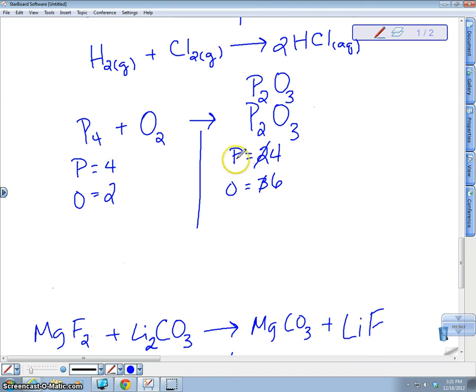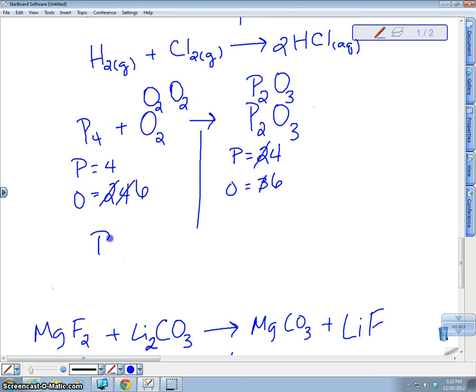My phosphorus balance now, so that's good, but my oxygens don't. So I need to work on that. So I'm going to add another O2. Now I have 4 oxygens, but that's not enough. So I need to add another O2. 1, 2, 3 O2s. 2 and 2 and 2 is 6, so I have 6 oxygens now, and that balances.